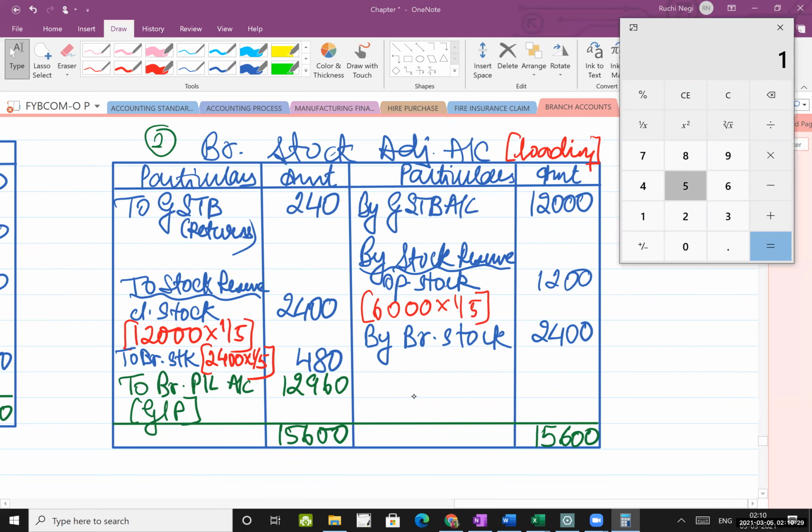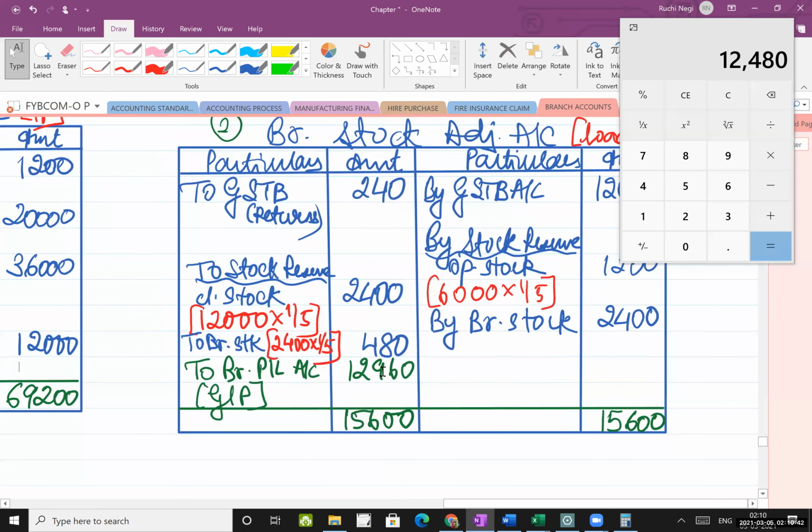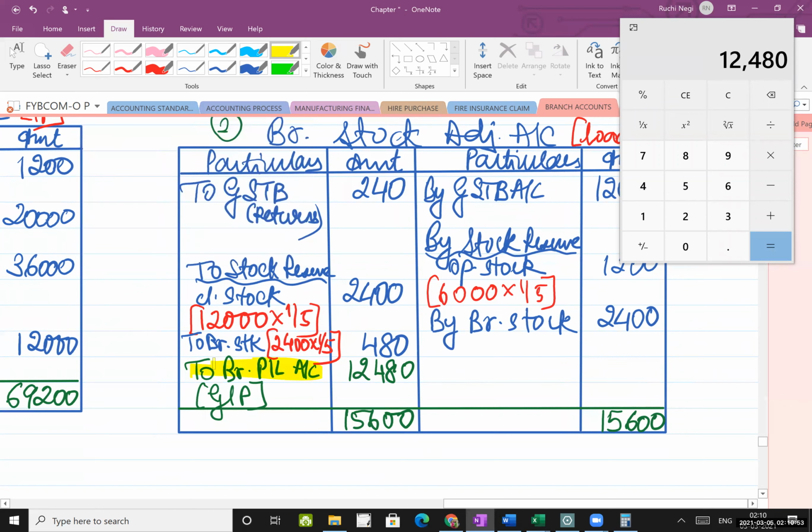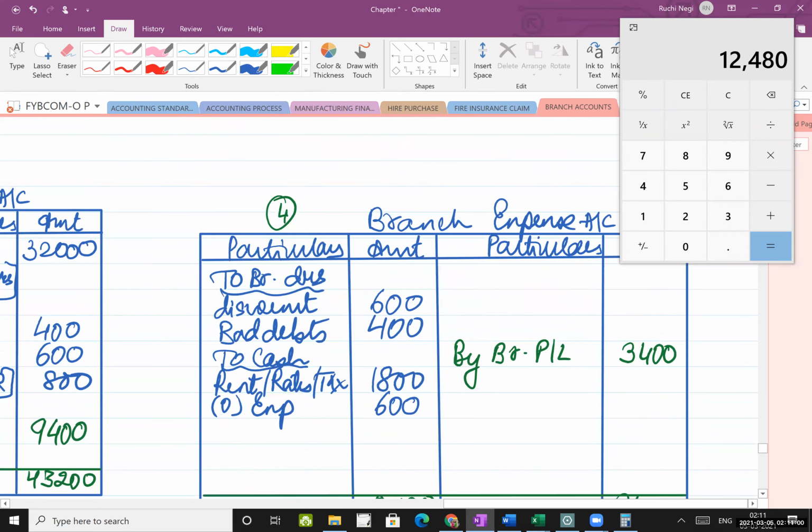Okay, so 15,600 minus 240 minus 2,400 minus 480. So it is 12,480. Just change this. 12,480. Okay, तो ये इसका बैलेंसिंग फिगर है इस सम में, ग्रॉस प्रॉफिट. Okay, 12,480.